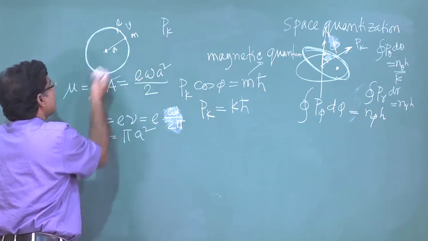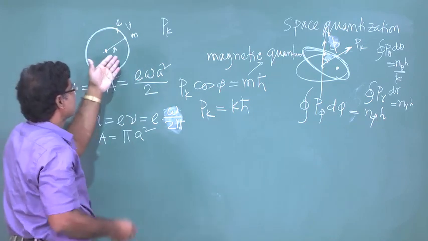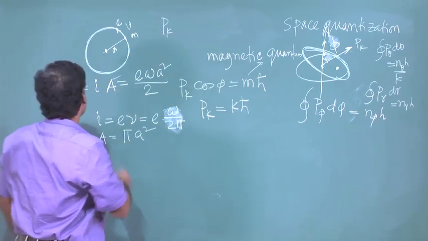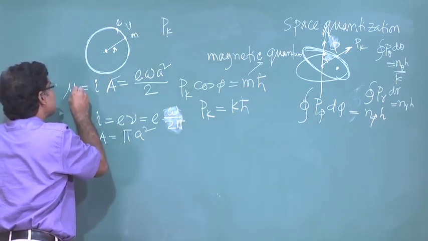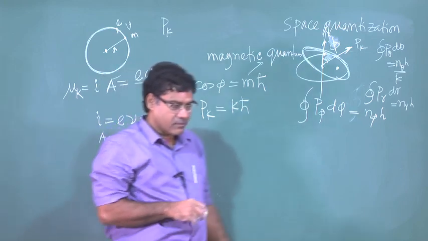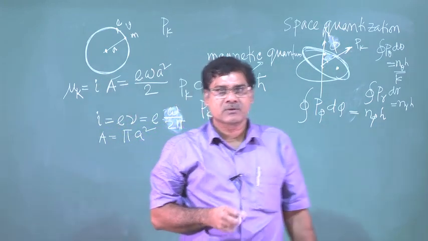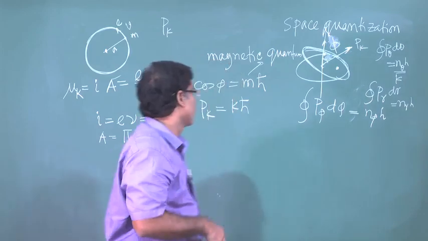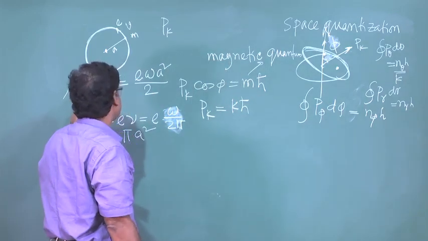That corresponding magnetic moment, if we consider the kth orbital, we can call it mu k. So, this electron is in the kth orbital.